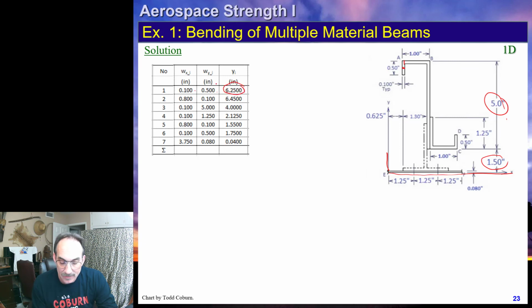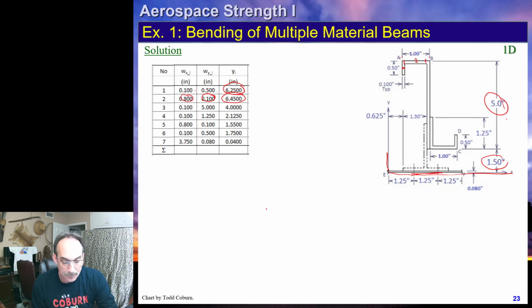That's where it's located. Element 2 is defined like this. You'll notice it's 1 inch minus the thickness minus another thickness, so it's 1 inch minus 0.2, which means it's 0.8 inches wide, it's 0.1 inches tall, and now it's 1.5 plus 5 minus 0.05, which is 6.45 from the bottom.